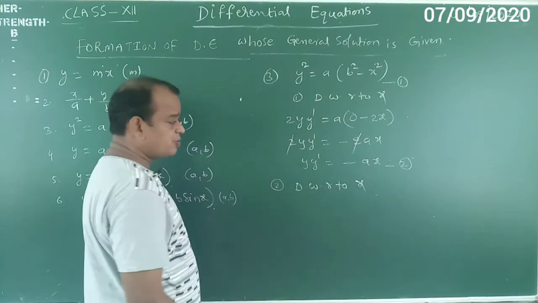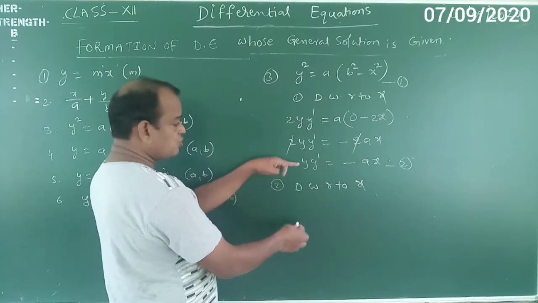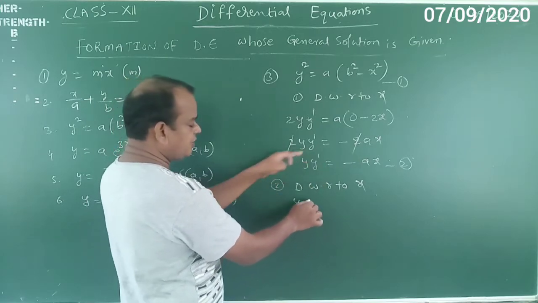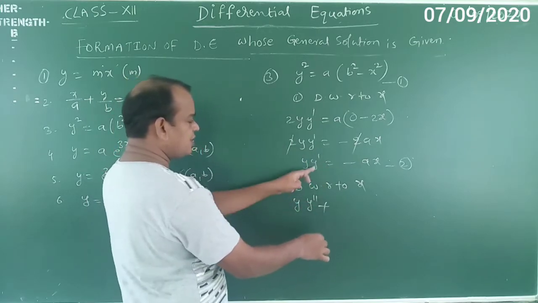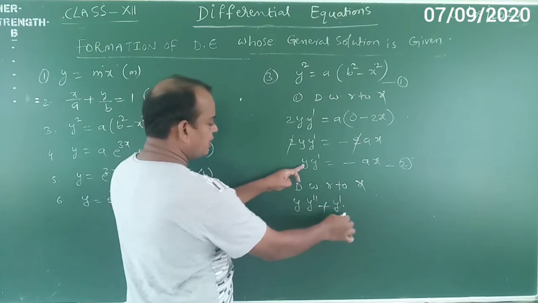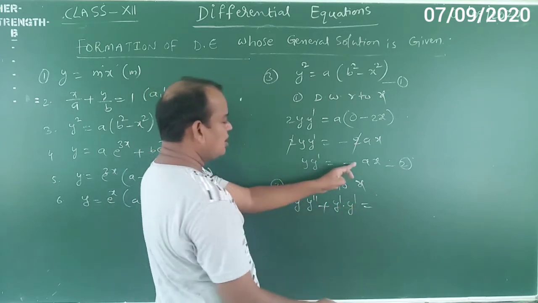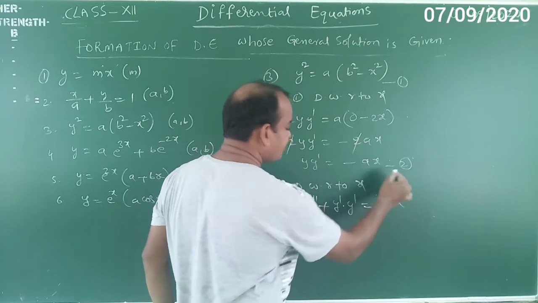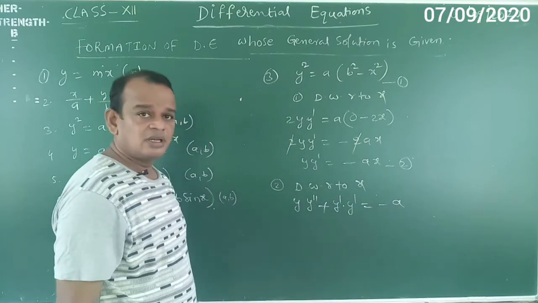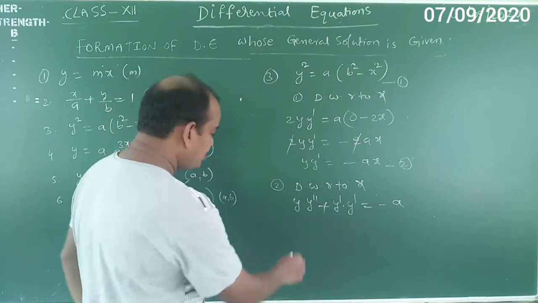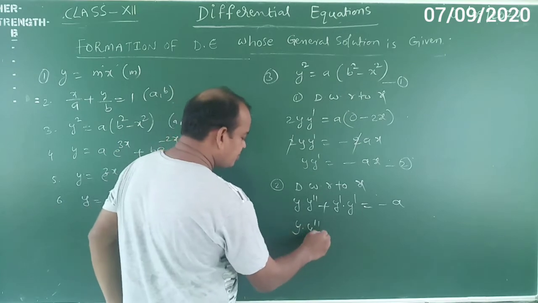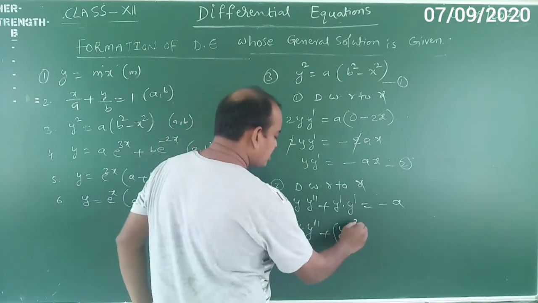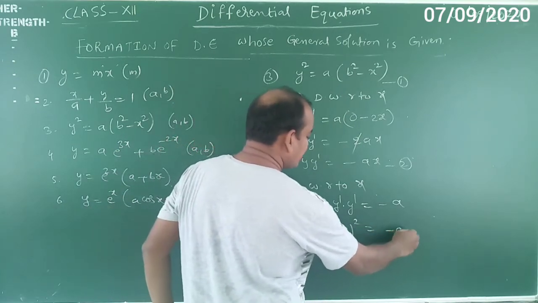Here use the uv method: first u into the derivative of y dash, y double dash, plus v, y dash, into again the derivative of y, which is y dash, equals the derivative of -ax, which is -a. Here y into y double dash plus y dash square is equal to -a.